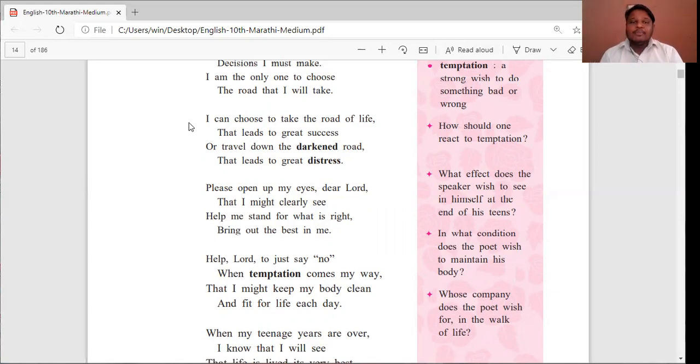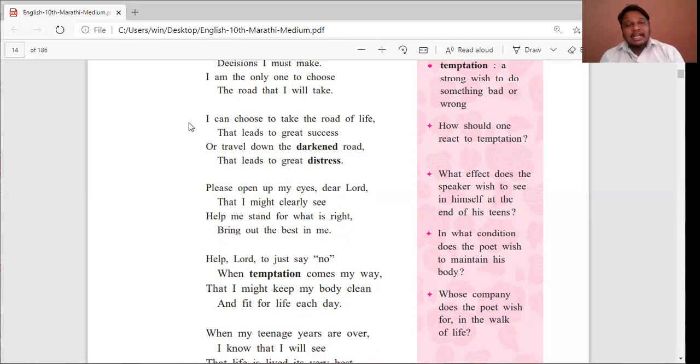It means the poet wants to choose the road of his life, and that road must lead to great success. It means the poet wants to be successful in his life, and that's why he will choose the road of his life which goes to great success, or travel down the darkened road that leads to great distress.